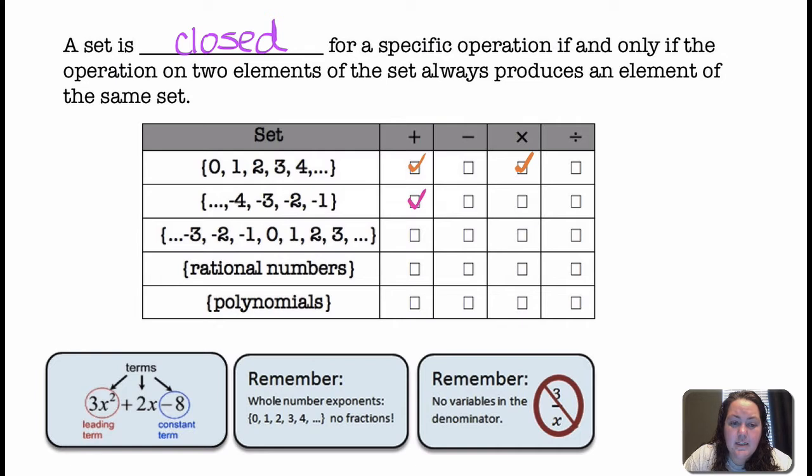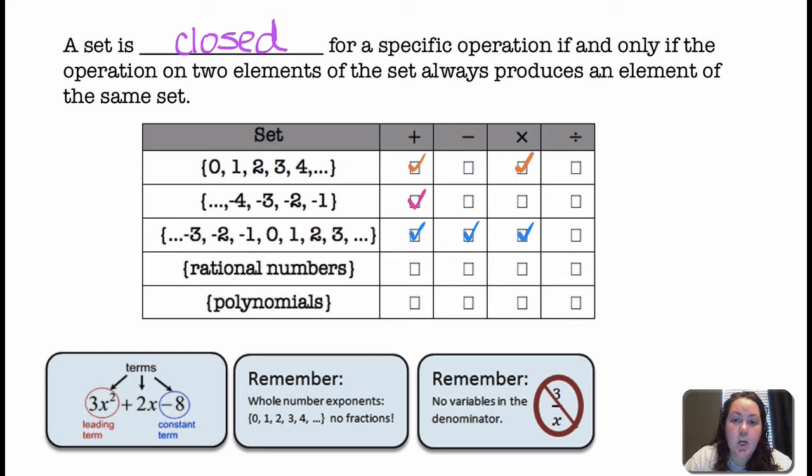Now, this next set is all integers. From negative infinity to positive infinity, including 0, but only counting by ones, they are going to be closed under addition, subtraction, and multiplication. Pretty much you're never going to have anything that's closed under division. Rational numbers can be integers, fractions, or decimals.